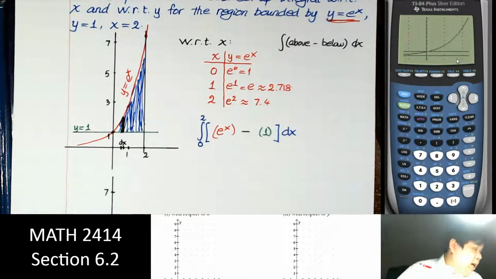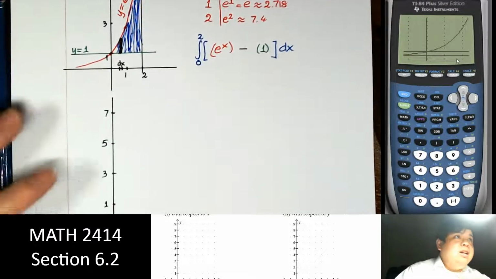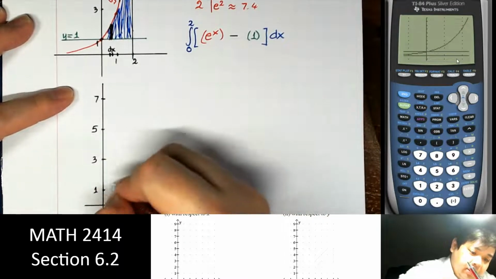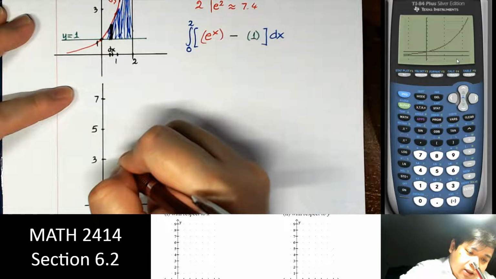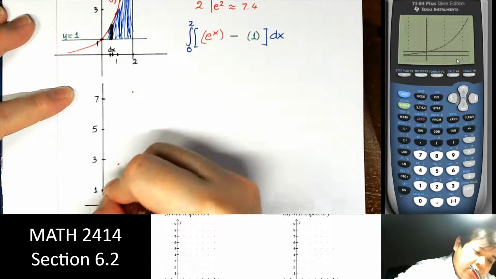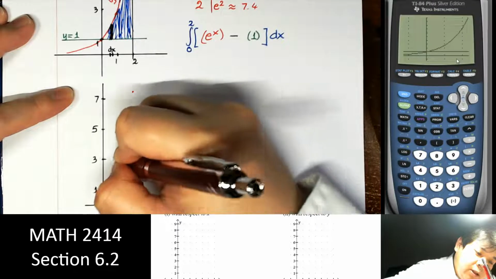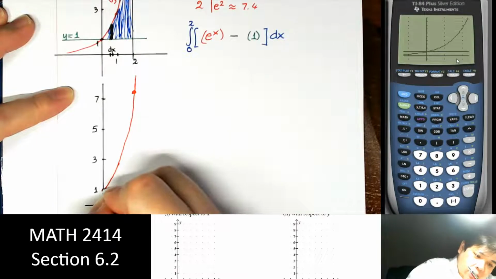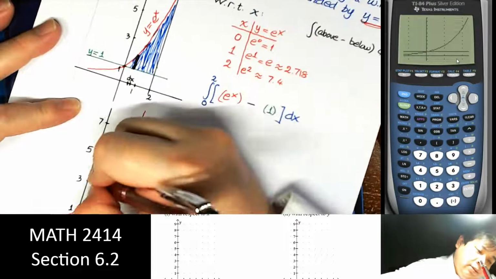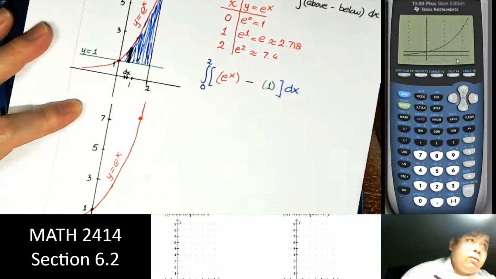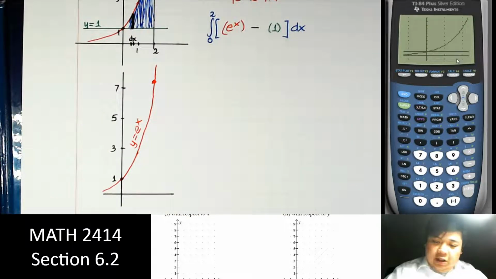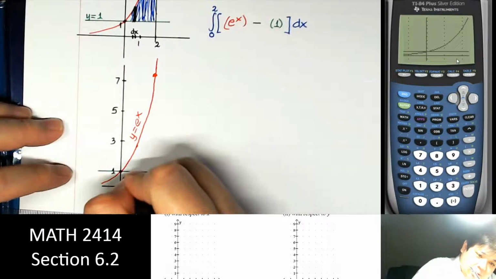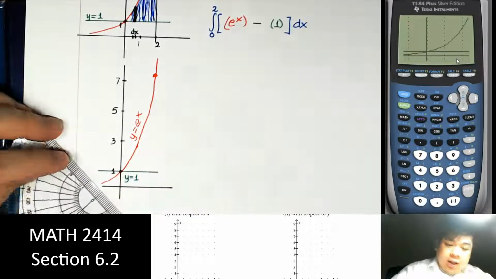Now I'm going to draw that graph again. y equals e to the x, y equals 1, and then x equals 2.